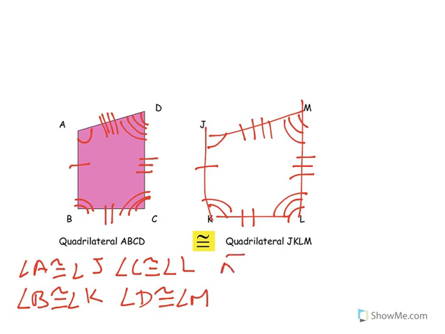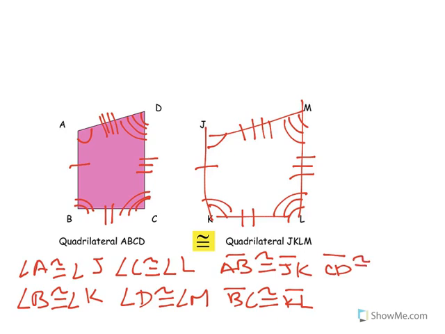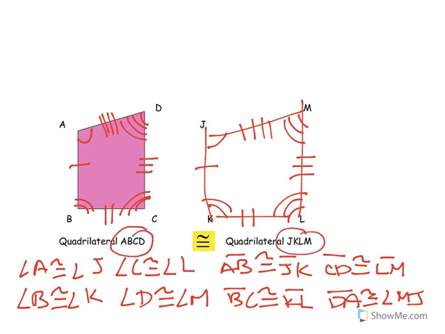And segment AB is congruent to segment JK, segment BC is congruent to segment KL, CD is congruent to LM, and segment DA is congruent to segment MJ. So the order that appears here and here is important.